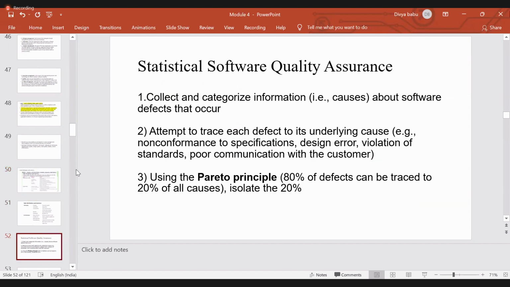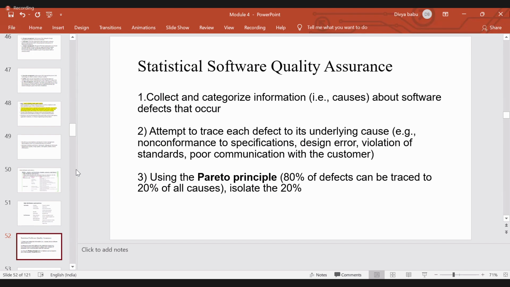In the last class, we discussed statistical software quality assurance. In statistical quality assurance, we are statistically collecting and categorizing the information. For that purpose, we use the Pareto principle that I explained, the 80-20% rule.